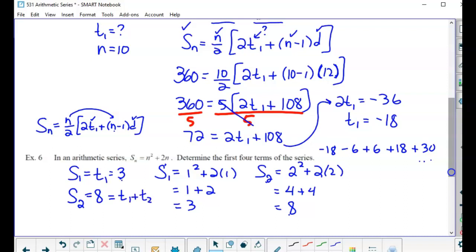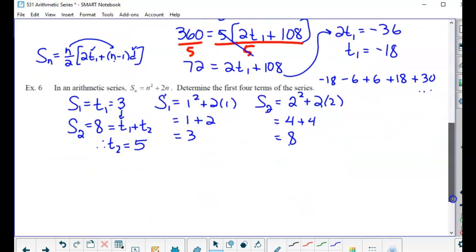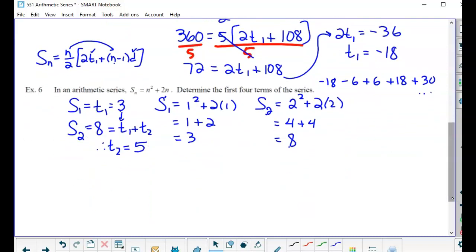If we know that T1 is 3, therefore T2 has to be 5. So you've got to work backwards. Then S3, well, if we know it's arithmetic, you can already tell that T3 should be 7, because 3 plus 2 is 5, plus 2 is 7.